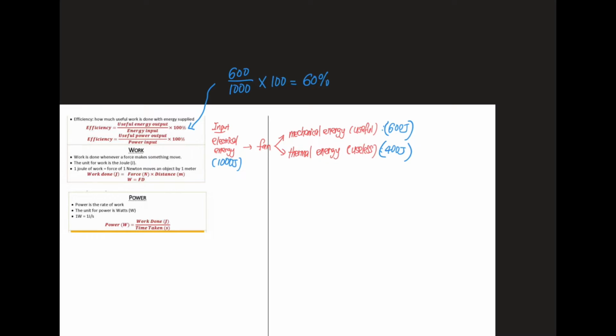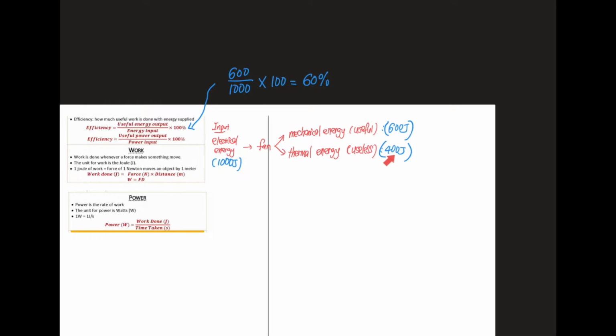The second formula, as you can see here, efficiency equals useful power output over power input times 100%. If the question gives us power, of course power is in the unit of watt, then you can use this formula to find the efficiency. If they give you energy, you use the formula on top. If they give you power, you use the formula at the bottom. They will give you the input power and then the output power.